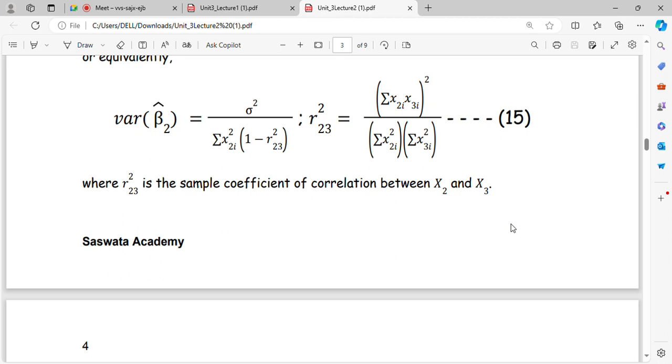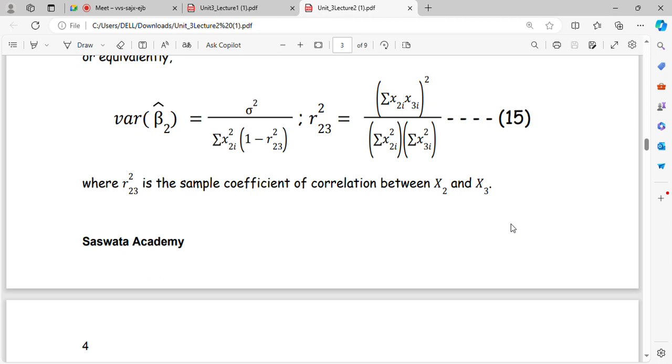Okay. Here, sigma square is in the numerator of the right hand side, so if sigma square rises, then the variance will rise, right? Again, if summation x2i square rises, then the variance will fall, since it is in the denominator, right? And if the correlation between variables 2 and 3 rises, then also the variance will rise.